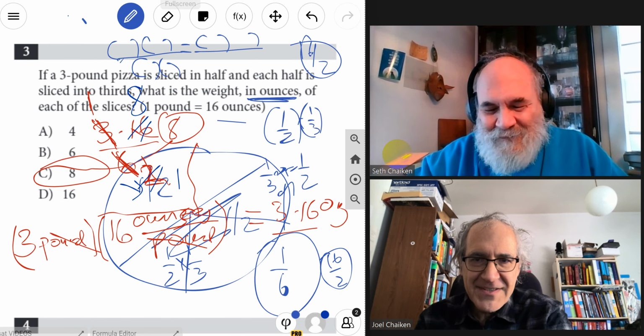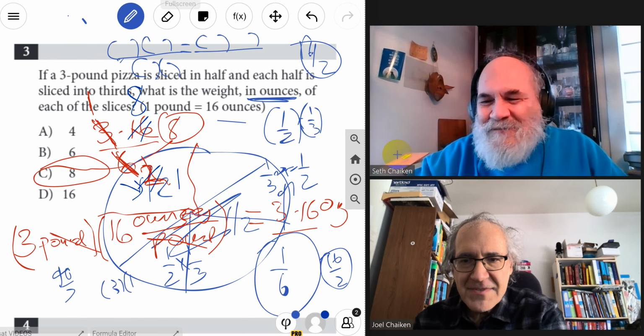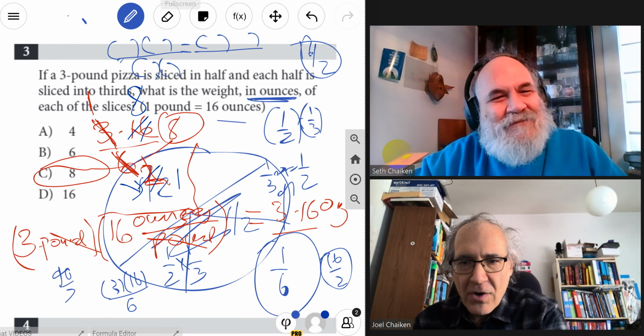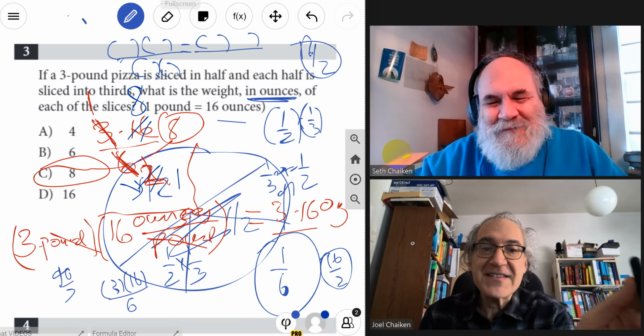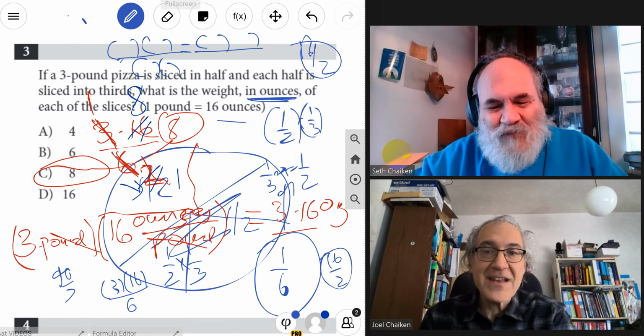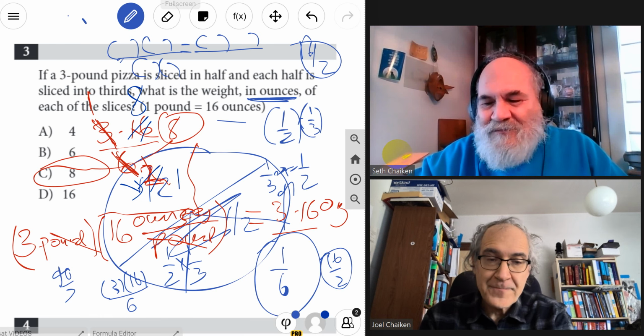Leave problems like these as factors. Never say 48 divided by 3. Always say 3 times 16 divided by 6. Always leave everything as factors because you're virtually guaranteed that the tests are purposely set up so the factors can cancel. Some of the factors can cancel and make things simpler.